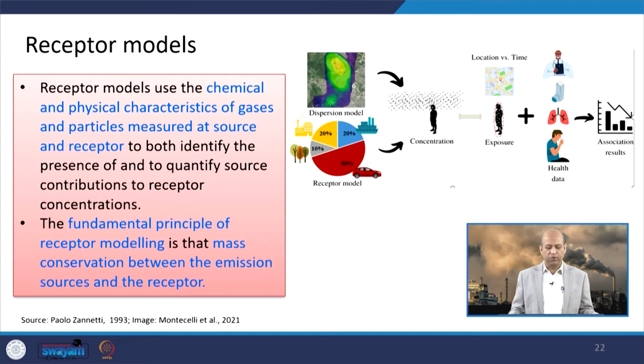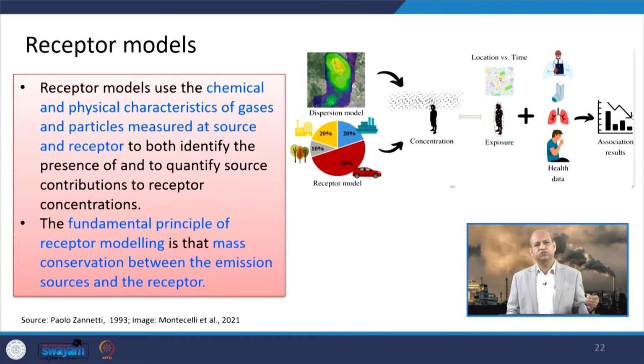Well, when we talk about receptor models, they use chemical and physical characteristics of gases and particles, which are measured at source and receptor, to both identify the presence of and to quantify the source contribution to receptor concentration. So, like how much is coming from thermal power plants, how much pollutant is coming from the transport sector.